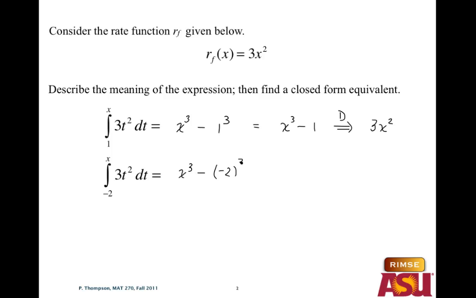I'm going to write it this way, is that okay? Yeah, you simplified it, that's fine. So then that turns out to be x cubed. Now let's simplify. Plus 8, right? Okay, what's the derivative of that? 3x squared. This one: x cubed minus pi minus 1 cubed. The derivative of that is?